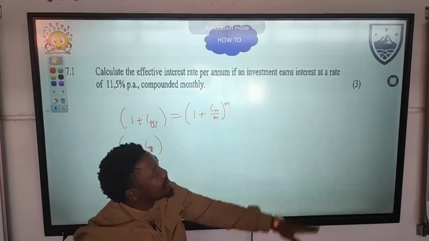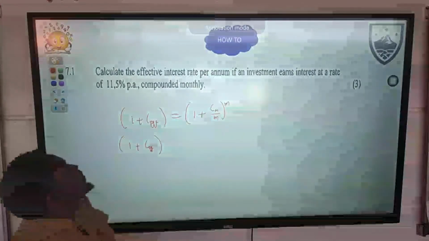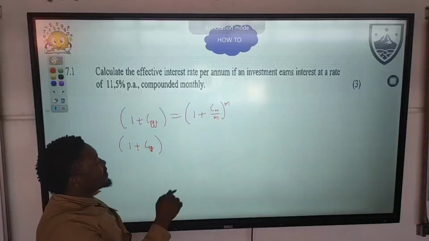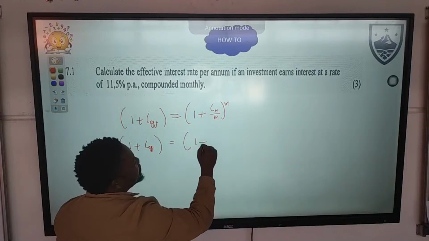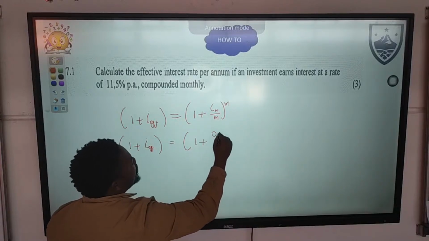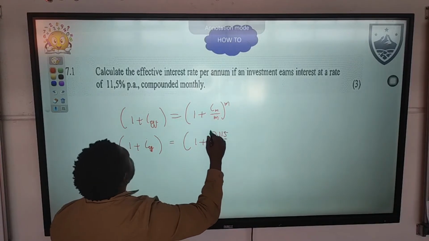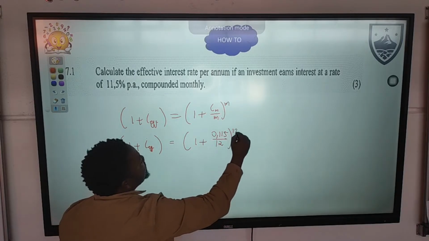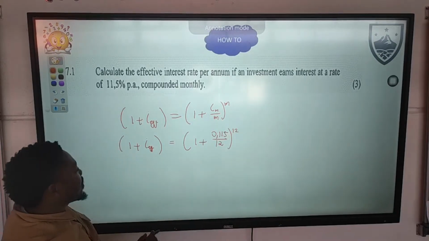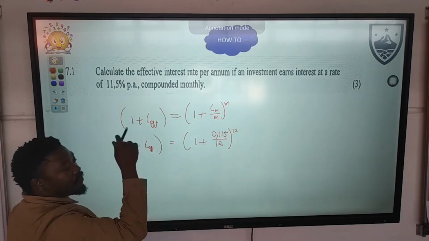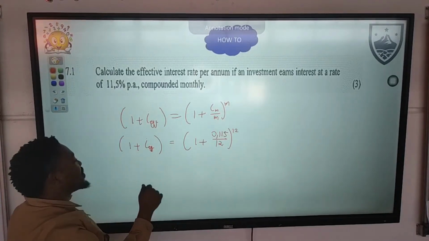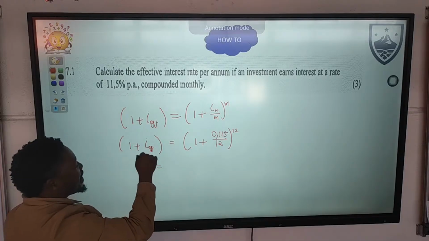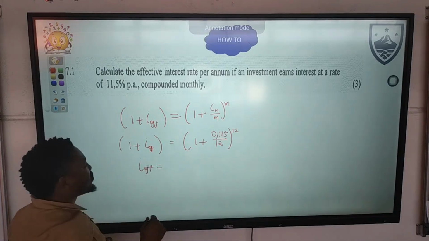So this will just be 1 plus the interest rate, 0.115, divided by 12, because that's how many months there are in a year. And then you can simplify this. The good thing about this one is that it's just the power of 1, so we just isolate the effective interest by transposing 1 to the other side.